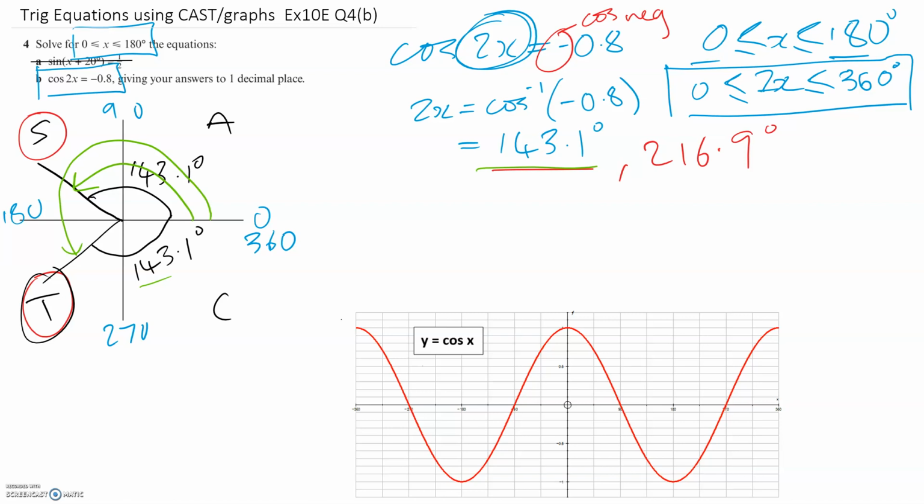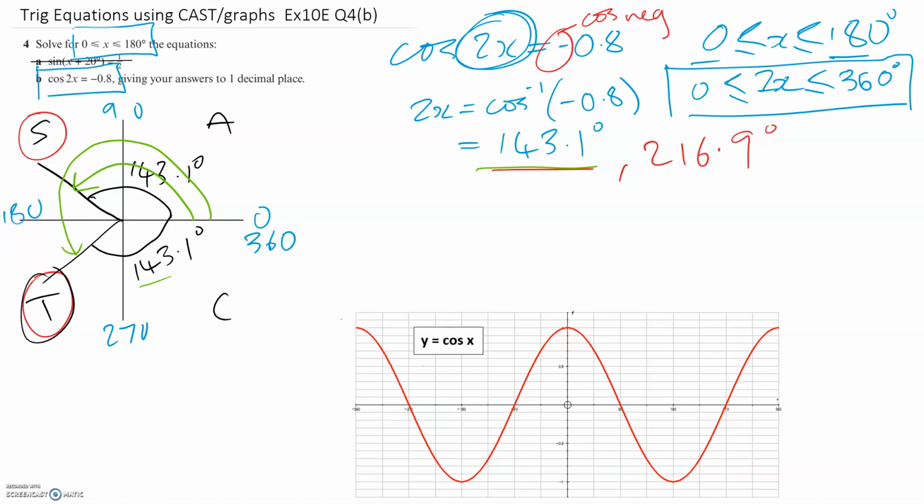And we can carry on going if we like, all the way around until we hit the line again, but that would be way beyond 360. Okay, we need the range to be between 0 and 360. So we don't want any more values. Those are the two values we have in our range.